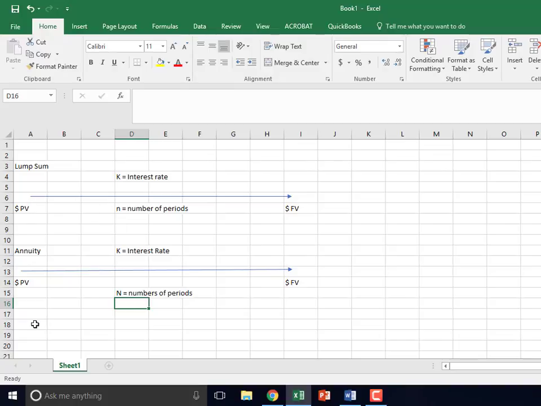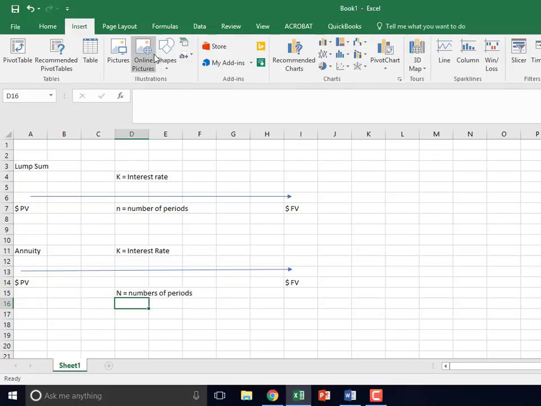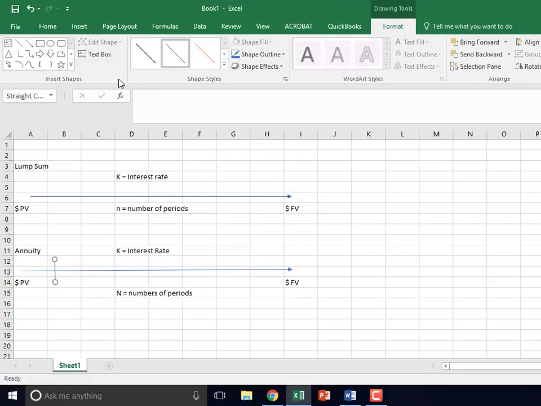However, instead of that one contribution at the beginning, I'm going to give money at regular intervals over time. So I'm going to have deposits along this timeline as I go.